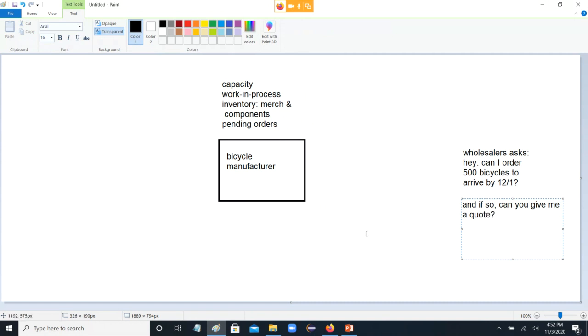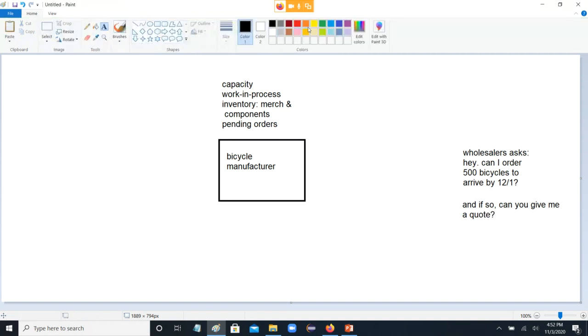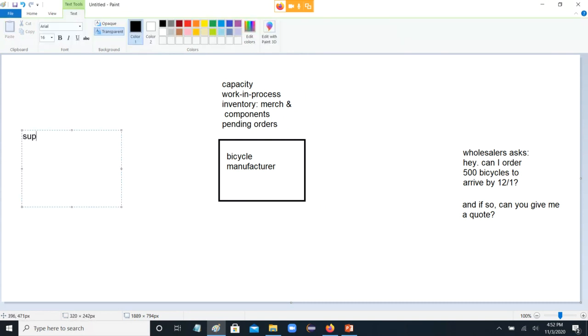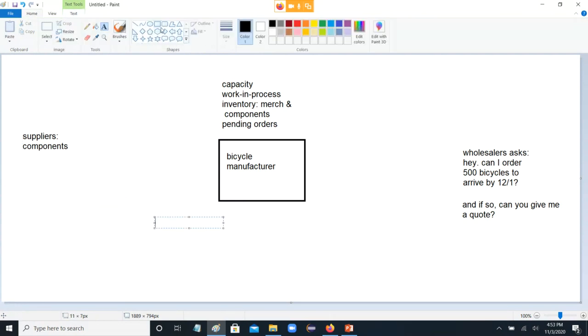Well, that's going to depend on a lot of things. So, number one, let's add suppliers, for components primarily, possibly other things, but let's just say components. We'll keep it simple. So you have a supplier as well.